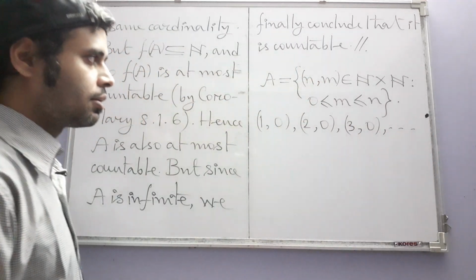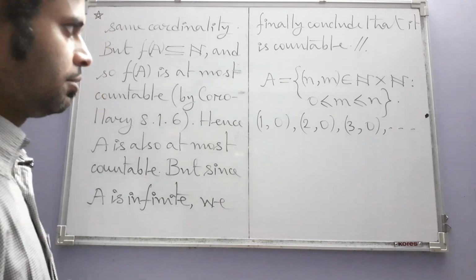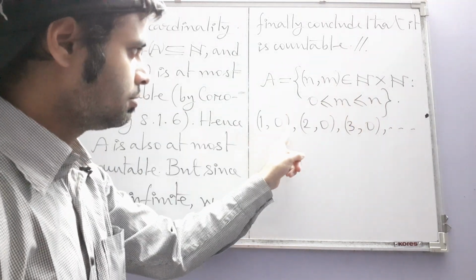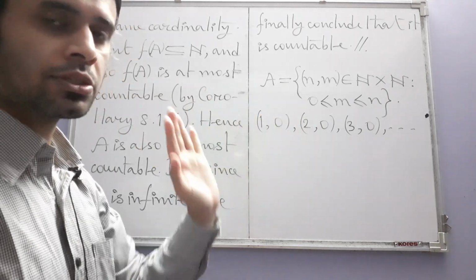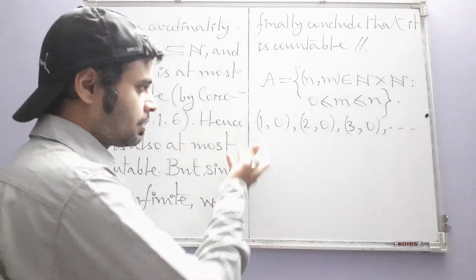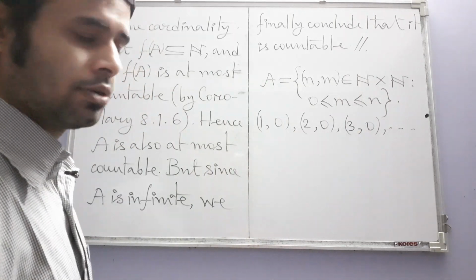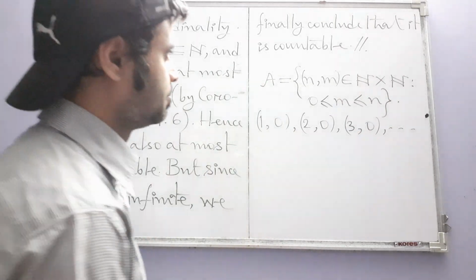Such elements are all in A, because n is greater than or equal to m. Here m is constantly 0, and you can clearly see that these form an infinite subset of A, so A must also be infinite.